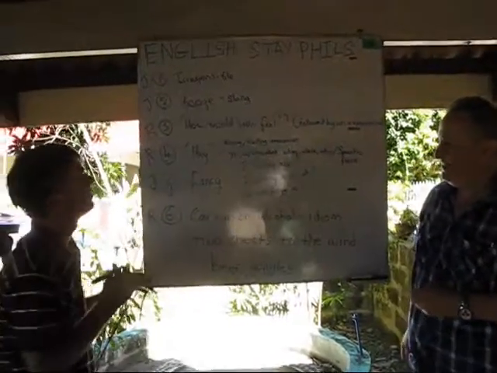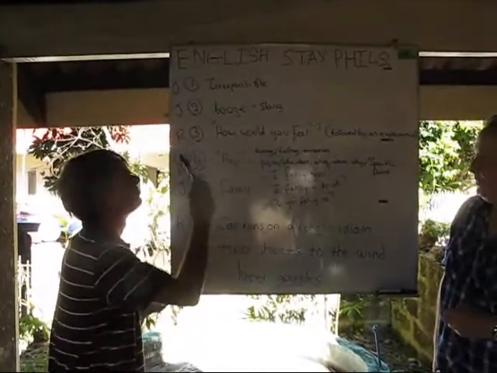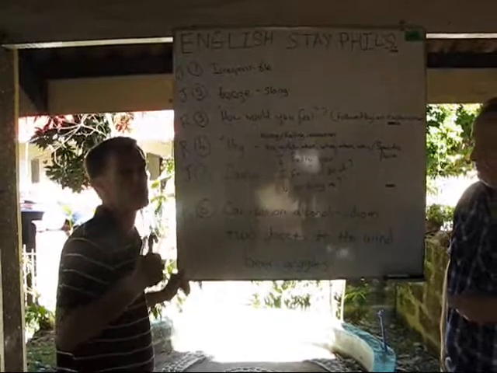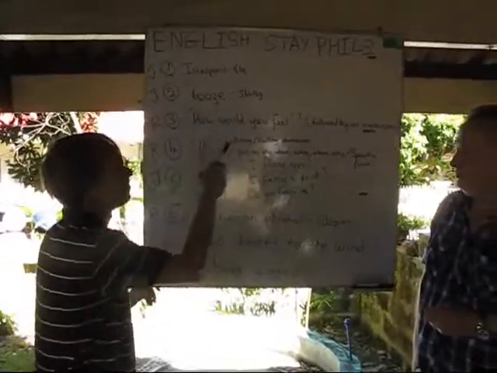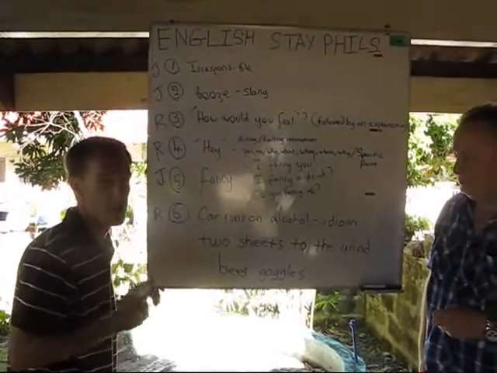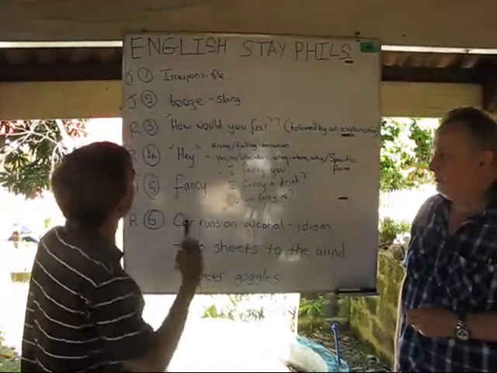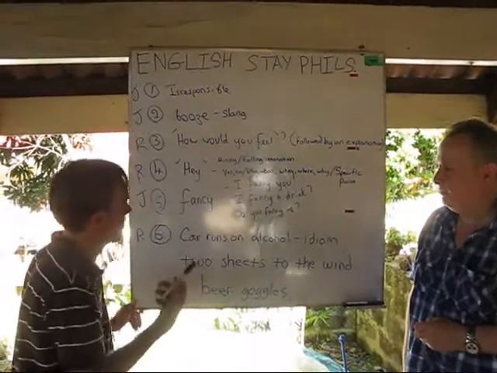Okay, yes, we have 6 points that we're going to explain. First one is irresponsible. We're going to show that being used in a sentence. And booze is slang. We're going to define the difference between a recognized word from the dictionary and a slang word. And how would you feel? We're going to explain that one.